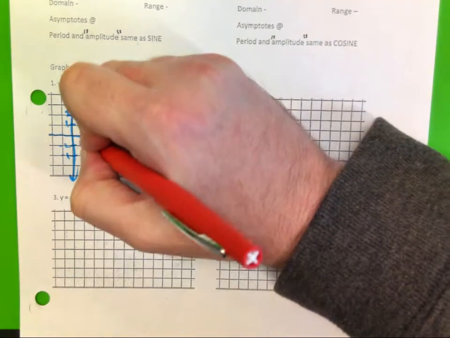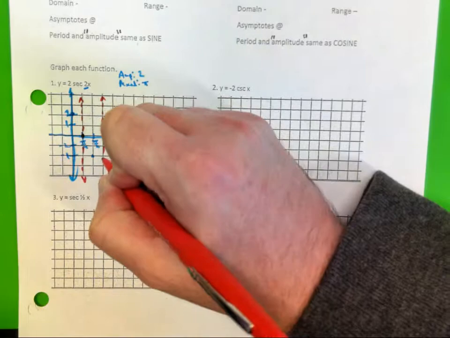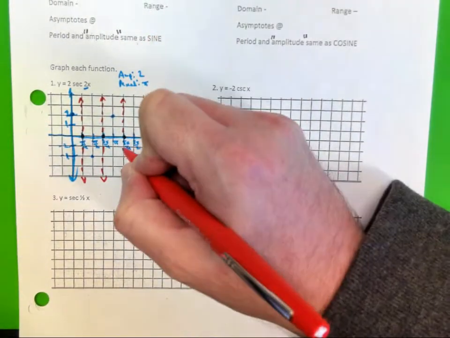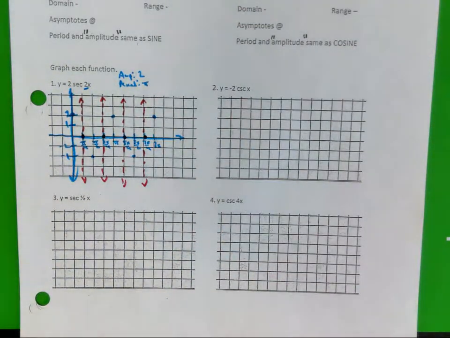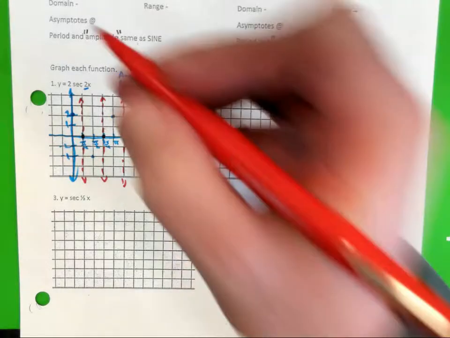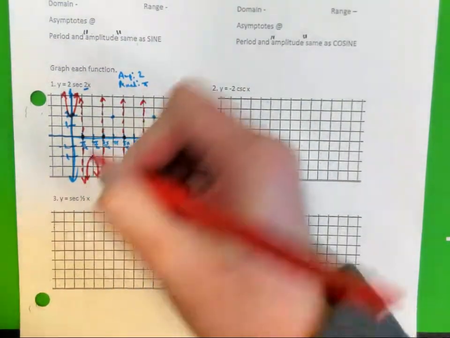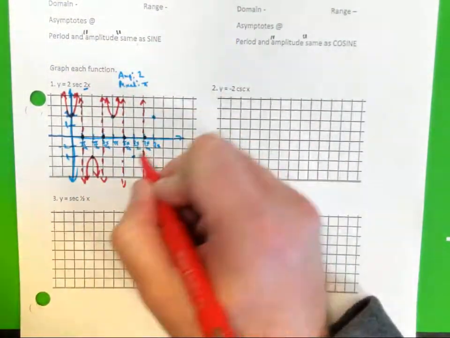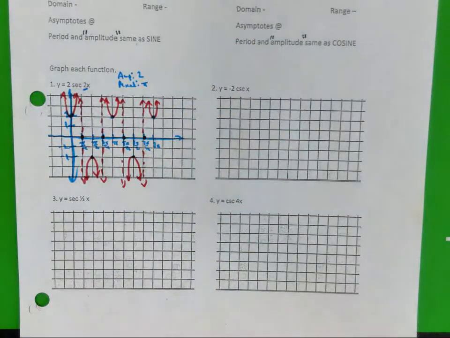So that's where you draw an asymptote. All right, and then you go back and draw these curves at these points. And that's your graph, and that's all you do.